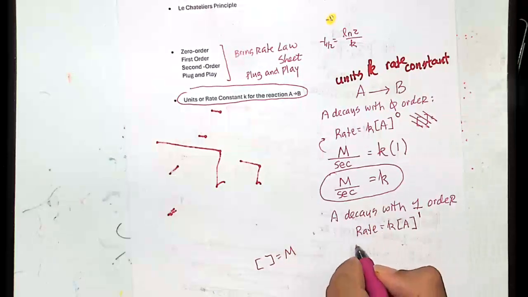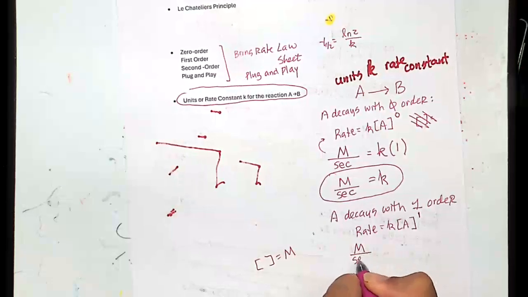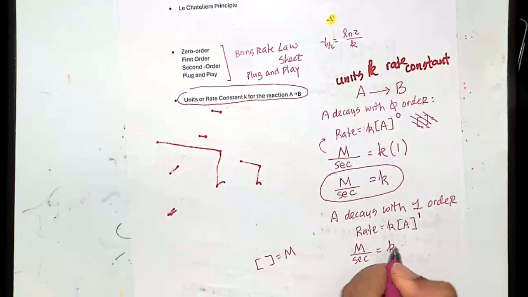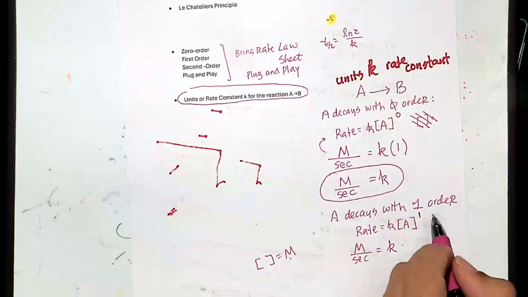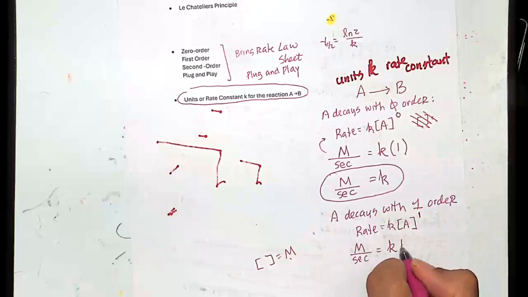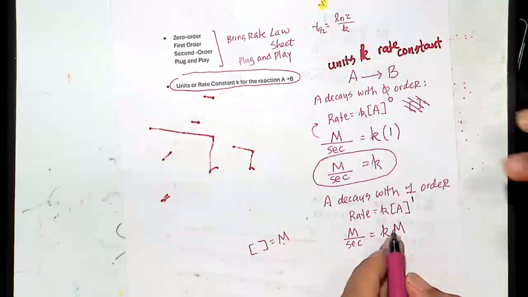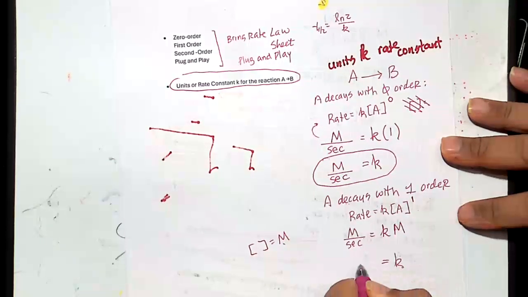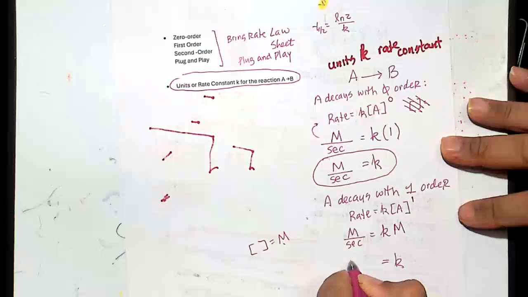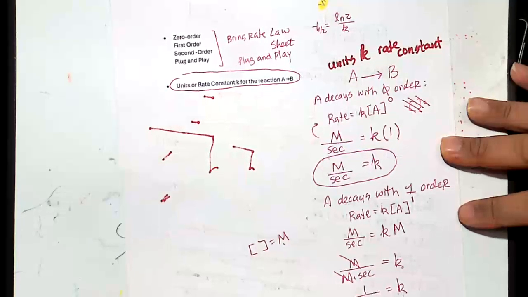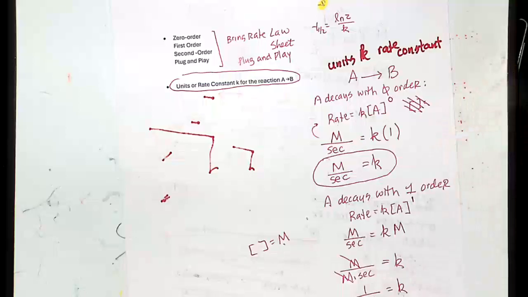Big M. So our customary units of rate, molarity over second, equal k times M to the power of 1, which is just M. So what will be the final units of k? Dividing by M, this M and this M cancel. The final units of k will be 1 over second.